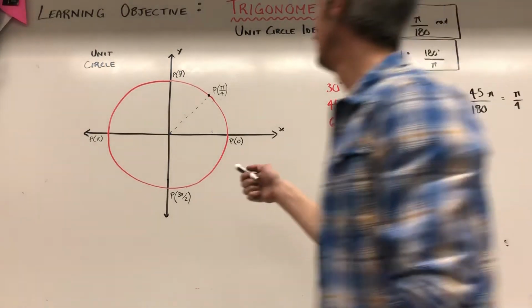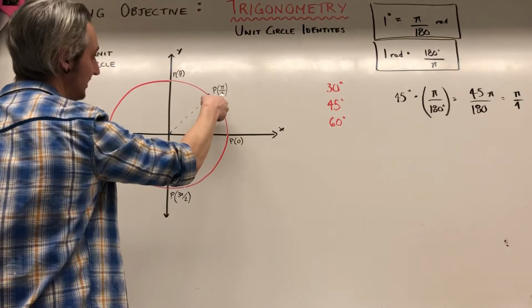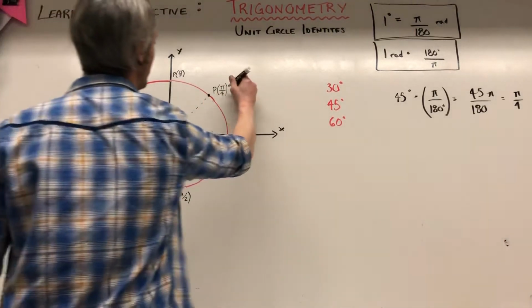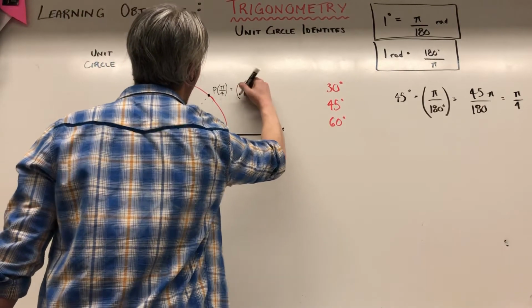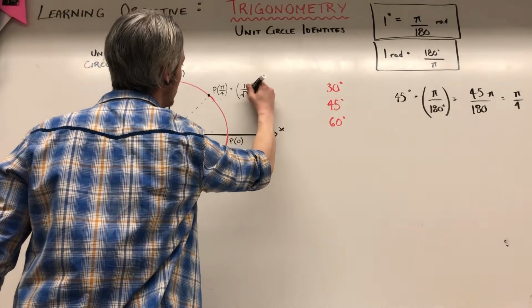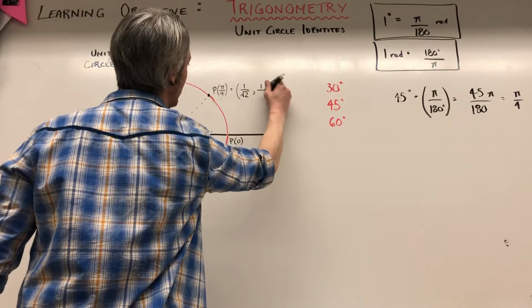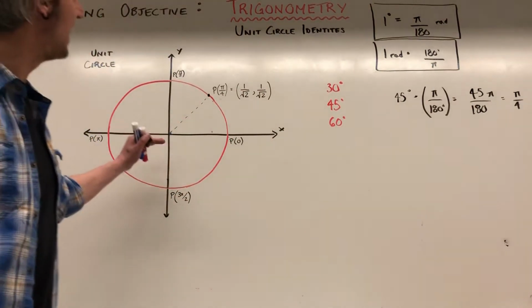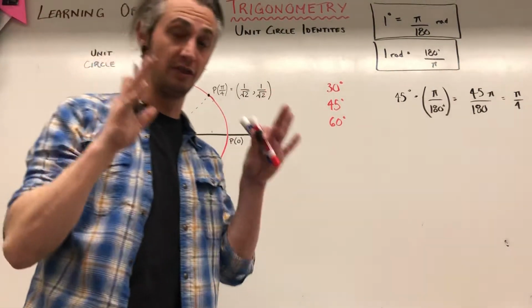This point, 45 degrees, is the same as pi over 4 in radians. And I know that this point has coordinates of 1 over root 2 for x and 1 over root 2 for y. The x and y coordinates at 45 degrees are the same.